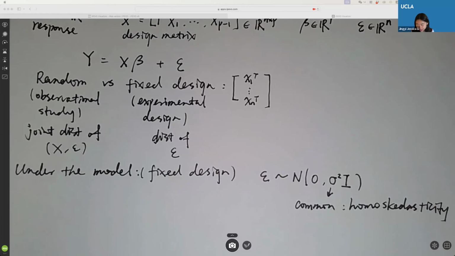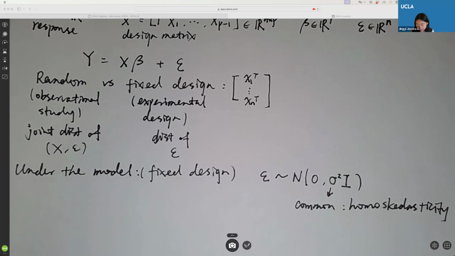In the fixed design, the reason I said it's simpler is that we don't need to assume a distribution for X. We just treat it as fixed and we can move it out of the expectation. So it's basically (X transpose X) inverse X transpose times the expectation of Y, minus beta.